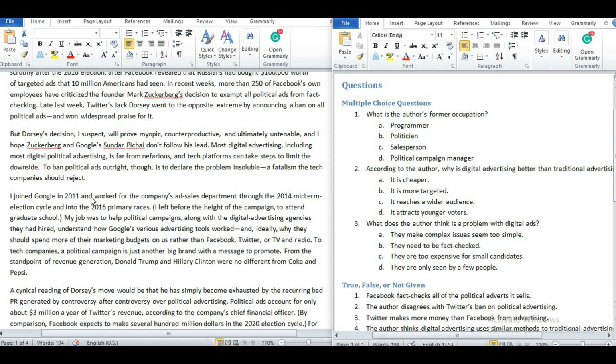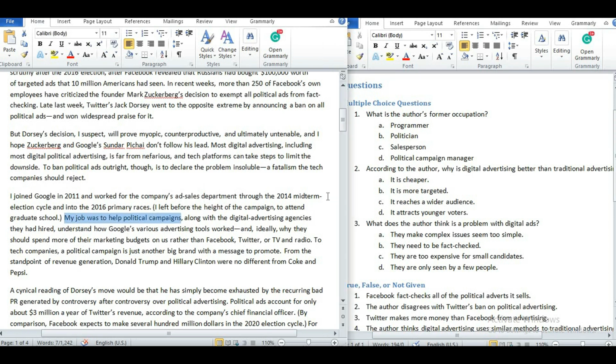But actually when we read this, it says, "my job was to help political campaigns." And then you start thinking, he must be a campaign manager, right? But can you do that for Google? Not really. Here we go.